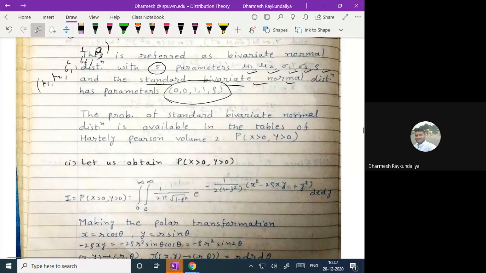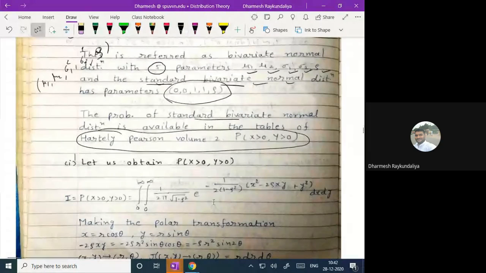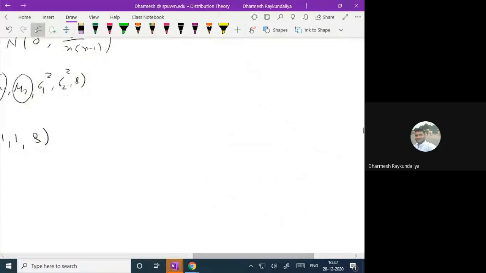If you look for the tables of the standard bivariate normal distribution, you have to use the Hartley-Pearson volume 2. The tables are available in that book.